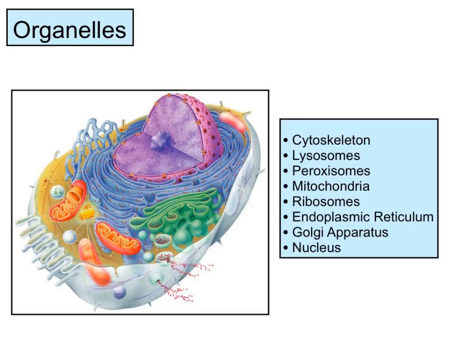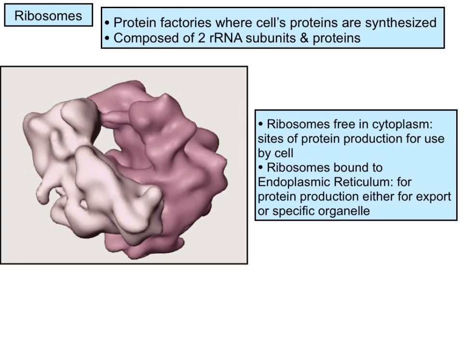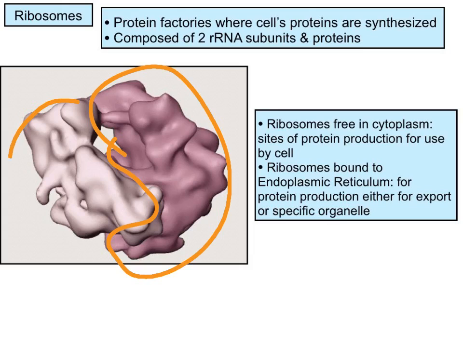So now let's look at ribosomes. Ribosomes are the protein factories wherein the cell's proteins are synthesized. And these are composed of 2 ribosomal RNA or rRNA subunits and proteins, a large subunit and a small subunit with a little space in between, and that will become important in physiology whenever we talk about translation.